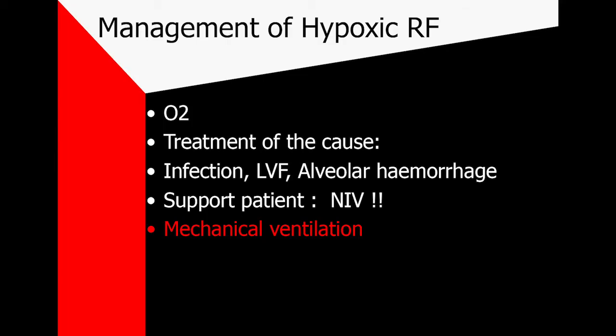Treatment: what do you do if someone is hypoxic in front of you? Go through the diseases that I have put forward, the ventilation part. The main treatment is oxygen. If you're hypoxic, you get oxygen, okay? And the second thing you do, you treat the cause. If it is infection, antibiotics. If it is alveolar hemorrhage, you treat whatever the cause of the hemorrhage is, like anticoagulants.